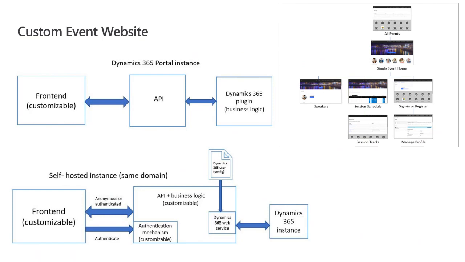The first option would be to overwrite the current version of the out-of-the-box portal. Or you can set up a new website on your Dynamics 365 portal. Okay, this is option 2. And as option 3, you can host this Angular project on your own server.